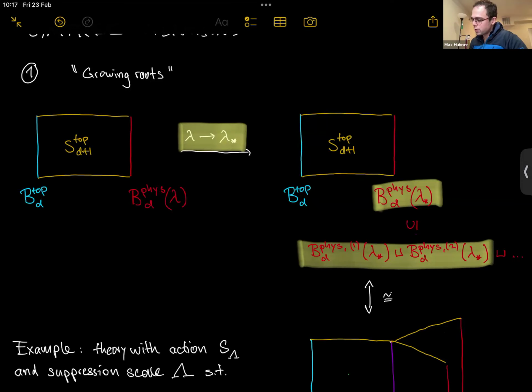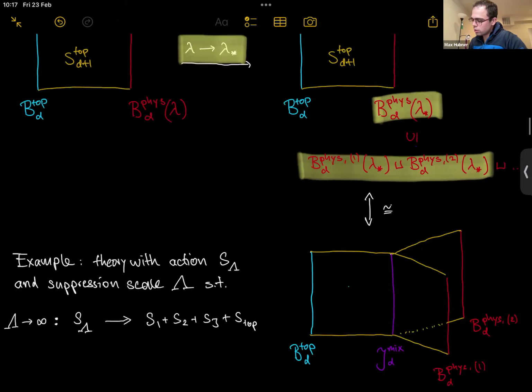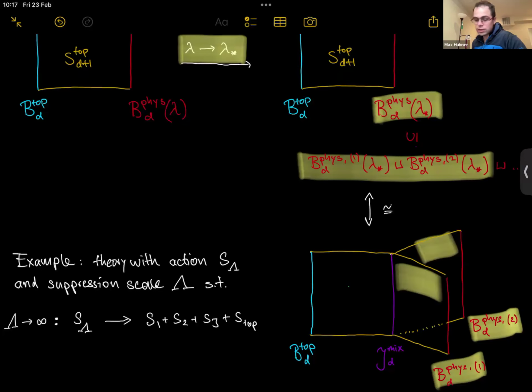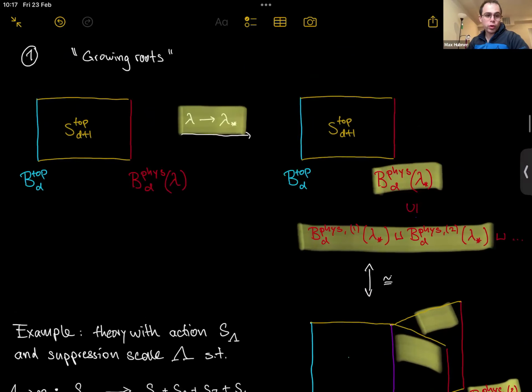And to reflect this, I can pull these two decoupled theories out, and they have their own set of symmetries. So I make them manifest in terms of these two SymTFT branches. And that's the SymTree growing roots, as I like to say.